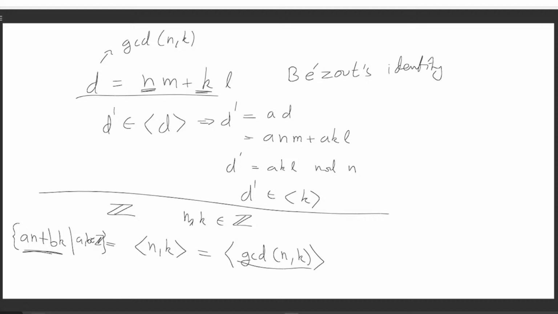Okay, so the implication again, let me write it. So you have GCD of... okay. So what does this tell you about the subgroups of Zn?